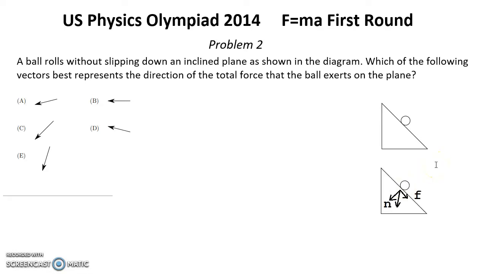Because the friction force goes opposite to the motion of this ball, the same force goes downhill from the ball to this triangle, and the normal force from the ball is going perpendicular to this incline, which is N. So we see that the net force is going down and slightly left, which is the correct answer E.